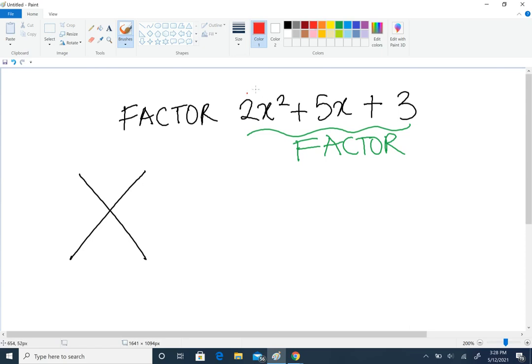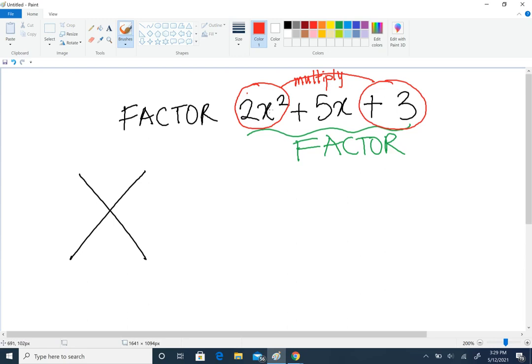And then all you have to do is multiply the first and the last term together. So you multiply these 2 terms together. And the key thing that you have to note here is that I am also taking the 2. I'm multiplying the 2 with the x squared and also the 3.